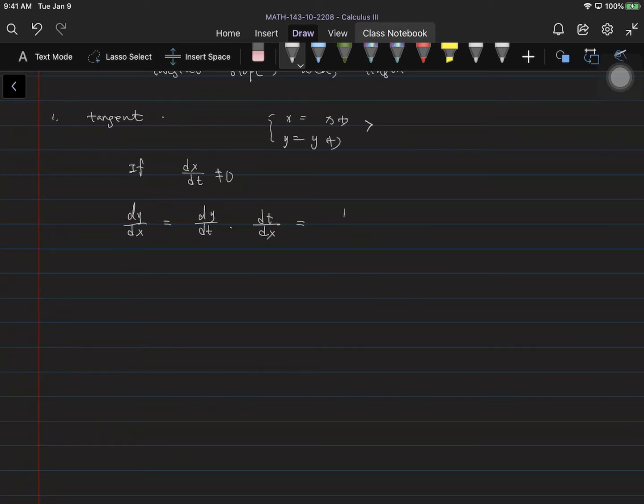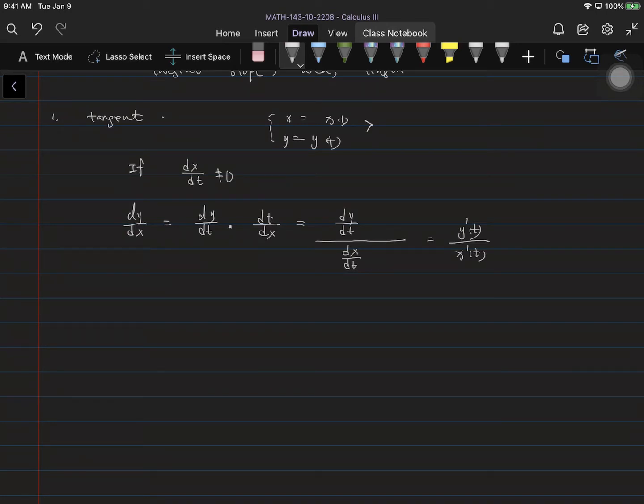And now we put dx/dt in the denominator, changing dt/dx into its reciprocal, which is dx/dt. The other way, we can also write this as y prime t over x prime t.